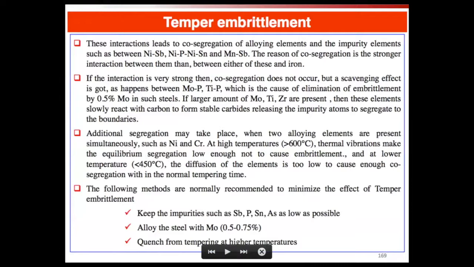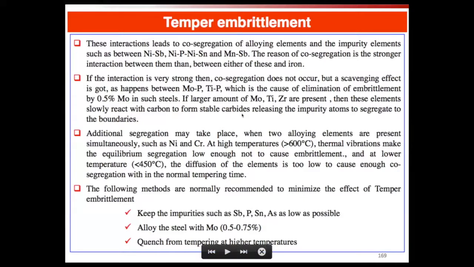I started thinking about it. So you have an overabundance of molybdenum, more than you need to tie up the impurities, right? If the affinity for carbon is more to form a carbide, you could split these off.